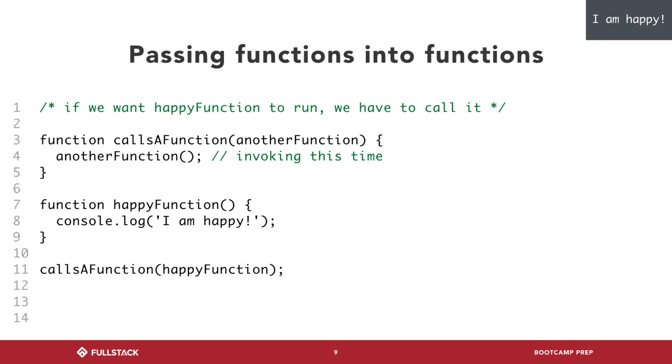It will say, great, what's the most recent happy function variable? And I find it on line 10, then I use that version. If I define happy function on line 6, then I'm overriding it on line 7. So when this calls for happy function, it will find the function first. So where we define it is actually extremely important because you always look for the latest version of that variable. Yep.